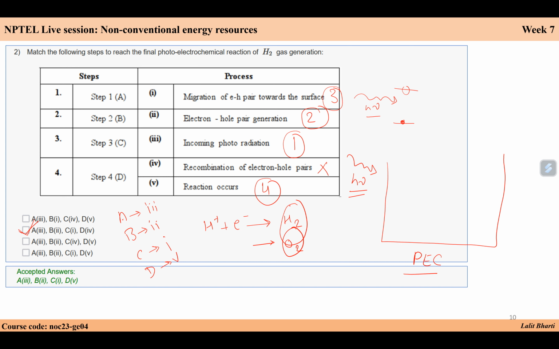So this was question 2 based on the photoelectrochemical cell again. This is again a simple mechanism of a photoelectrochemical cell.